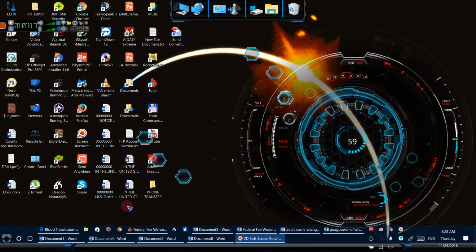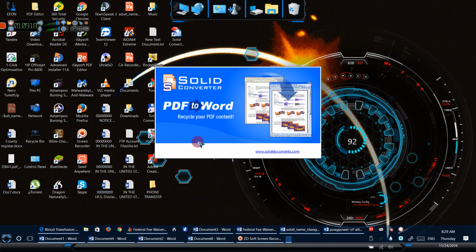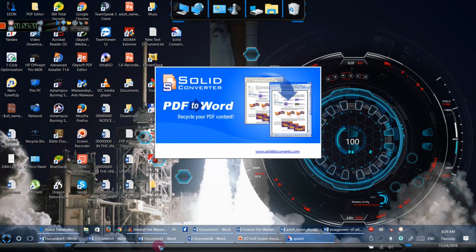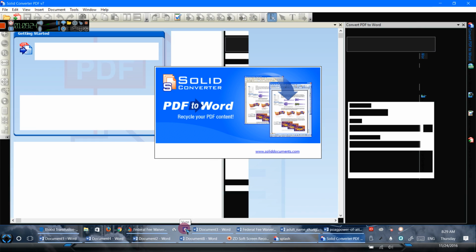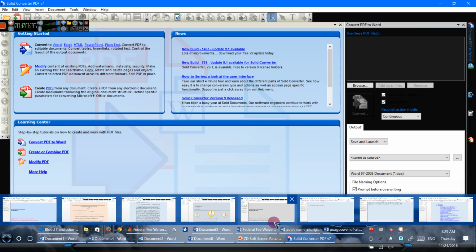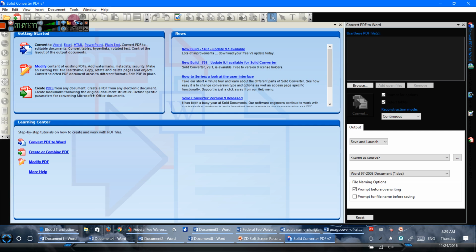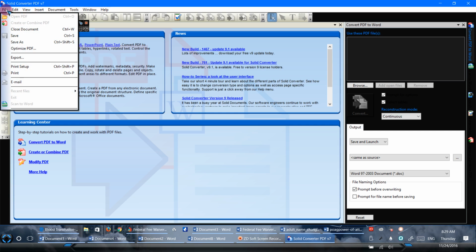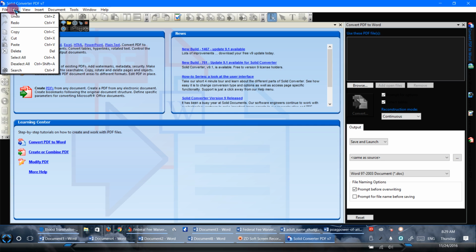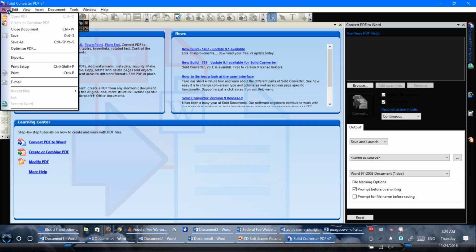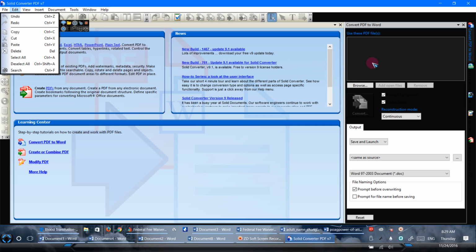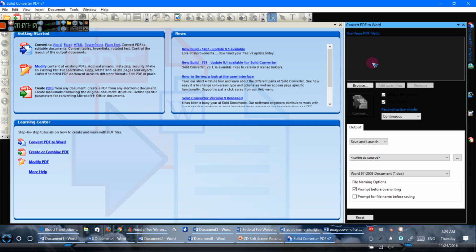I have this thing called Solid PDF Converter. Downloaded it with my Vooz. Okay. And my Solid PDF, let's go to recent. It don't have a recent.